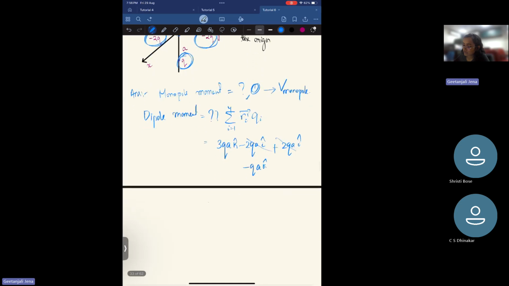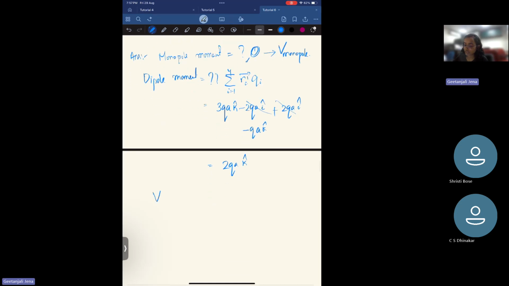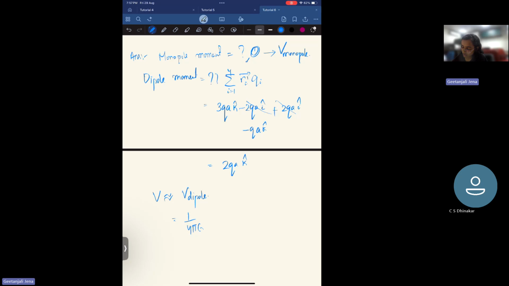So it will give 2qa t cube. So the dipole moment is non-zero. So when you find out the potential, the dominant term will be the dipole term. So that is why you can approximate the potential as the potential of a dipole, which is 1 by 4 pi epsilon naught r cube p by r square.